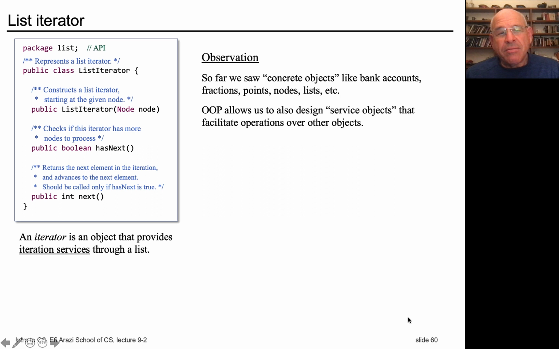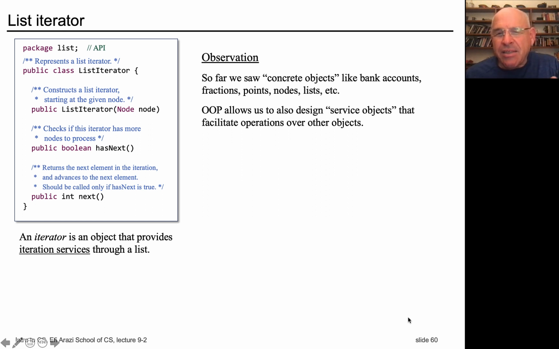Now, before we go on, I want to point out that so far we saw only concrete objects. Objects that represent bank accounts and fractions and points and nodes and lists. And you can kind of imagine every one of these objects in your mind. But it turns out that object-oriented programming allows us to also create what I call service-oriented objects, which are very abstract objects that provide operations over other objects.